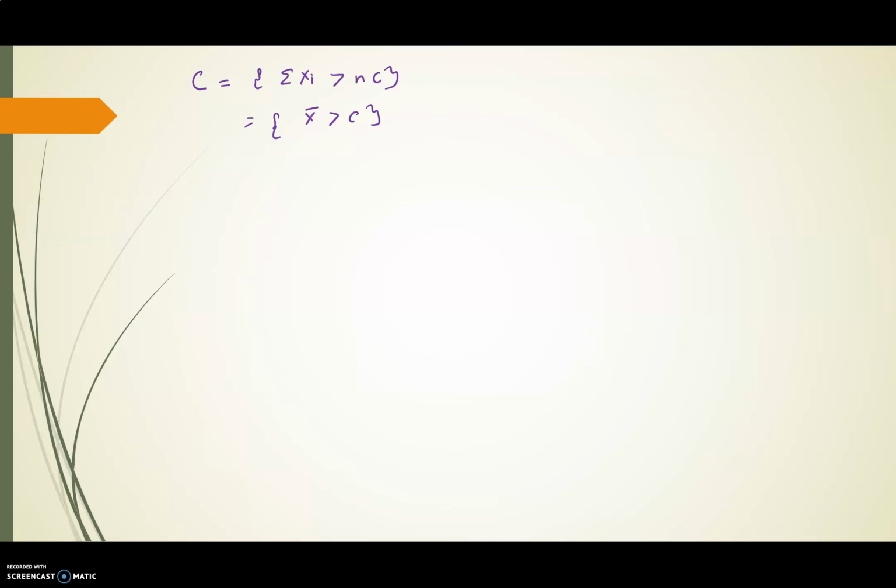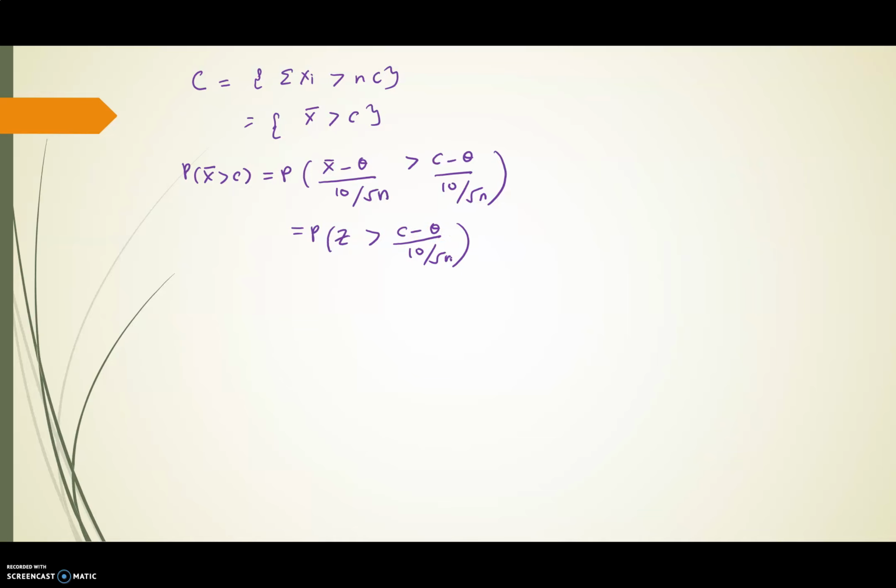Now we want to find the probability x bar greater than C. So we have x bar minus theta over 10 over square root of n greater than C minus theta over 10 over square root of n. So we will have the probability Z greater than C minus theta over 10 over square root of n.